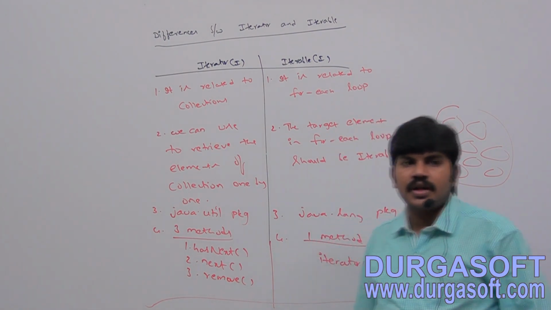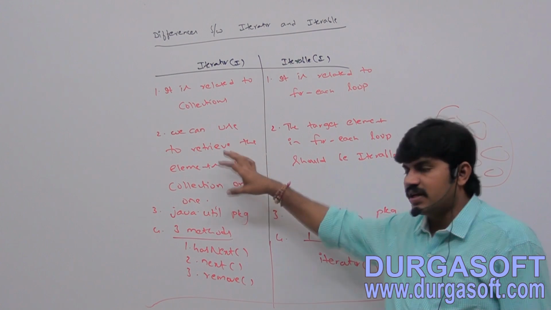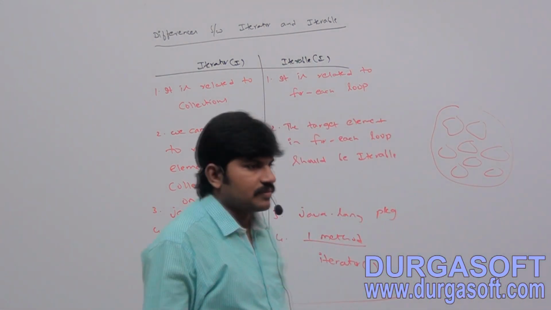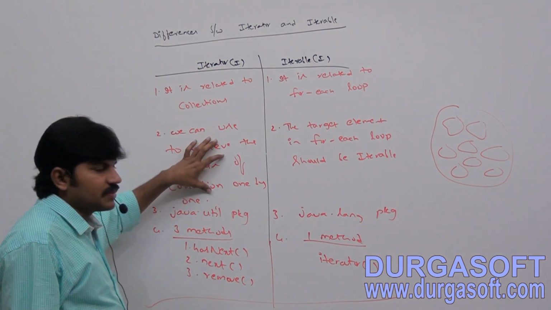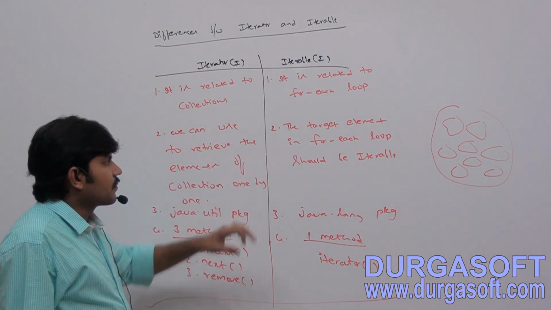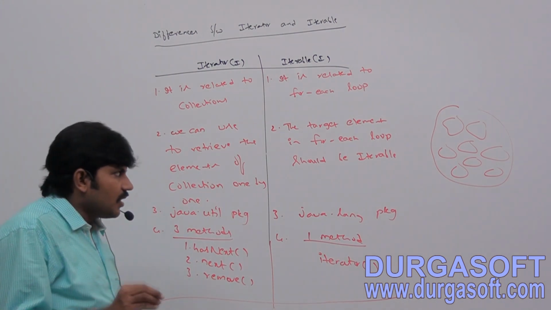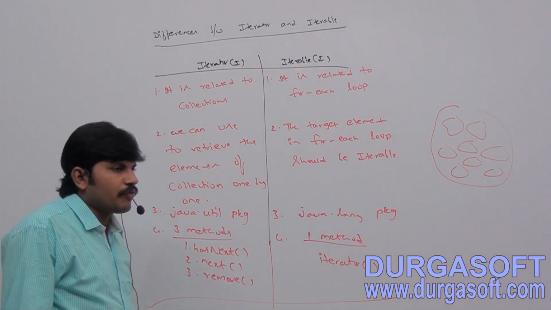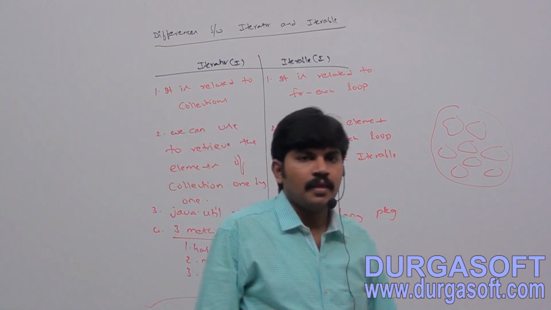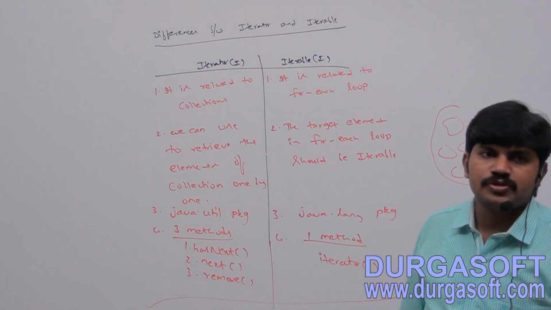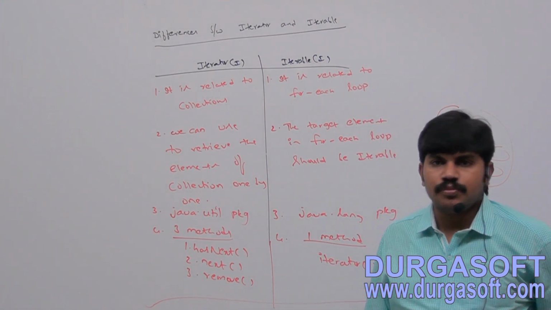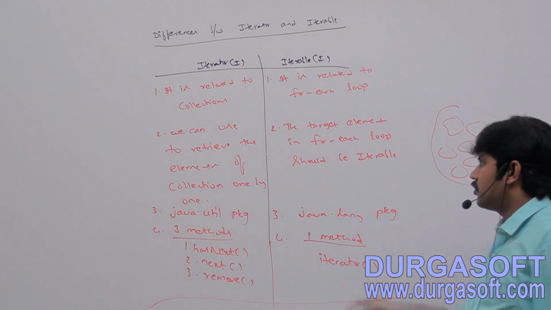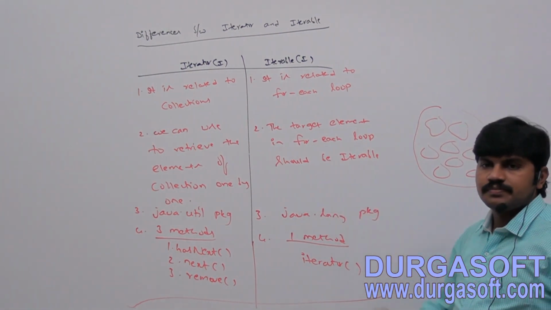For iterable, the target element in a for each loop should be iterable.